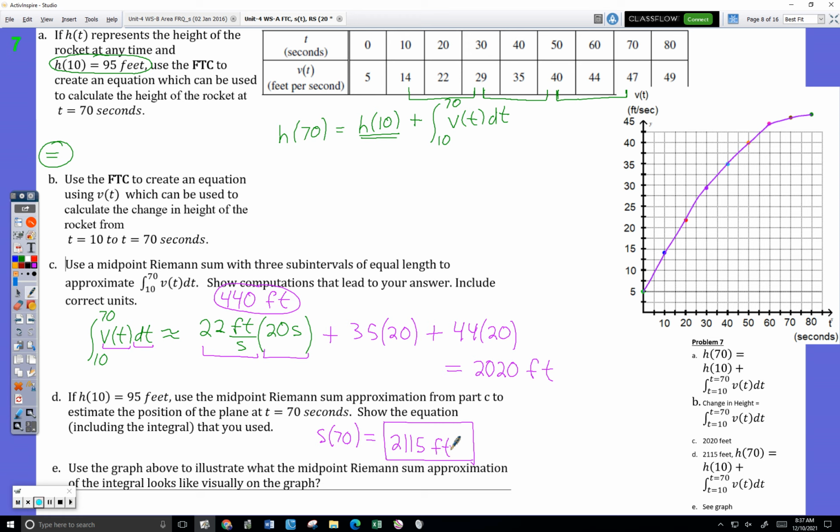Draw the picture of what the integral looks like. Go. Stop me if you're unsure.